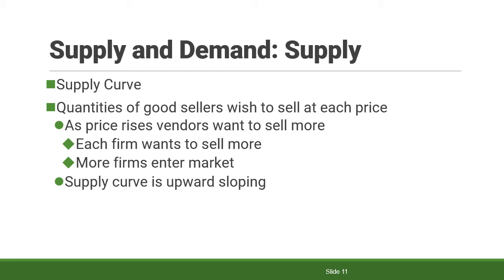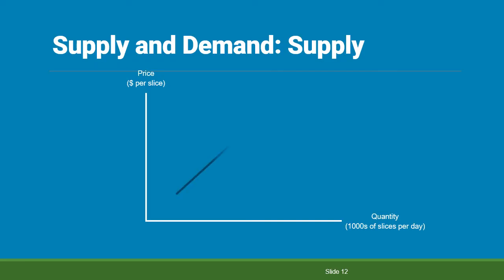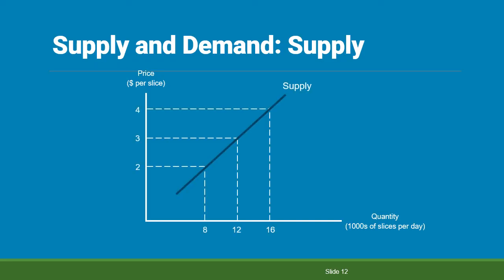So as prices rise, vendors want to sell more, right? Each firm wants to sell more, and more firms would want to enter the market. This is why the supply curve is essentially sloping upward. This is actually a really good visual representation of how that relationship works.